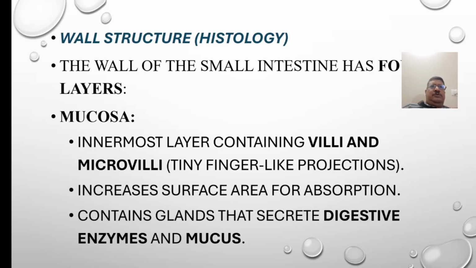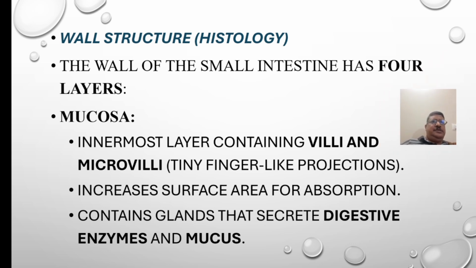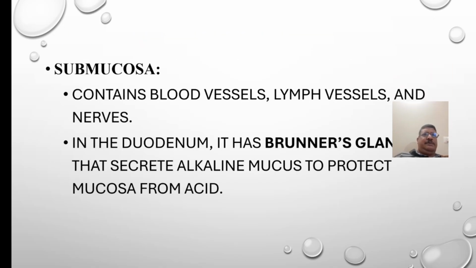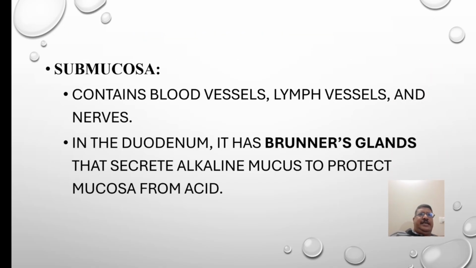Now, wall structure. The wall of the small intestine has four layers. Mucosa, the innermost layer, contains villi and microvilli, tiny finger-like projections that increase surface area for absorption, and contains glands that secrete digestive enzymes and mucus. Submucosa contains blood vessels, lymph vessels and nerves.